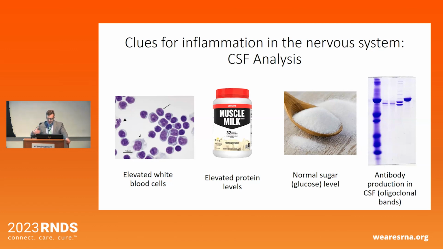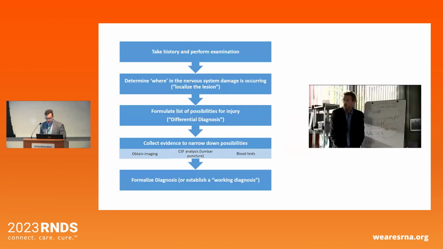Whenever we see antibodies being produced in the spinal fluid that aren't produced in the blood, it implies there's a lot of active inflammation in the spinal fluid. So these are the broad stroke tools that help us preliminarily say, is there inflammation or not in the spinal cord? History, imaging, and CSF. And those are often where the workup starts.